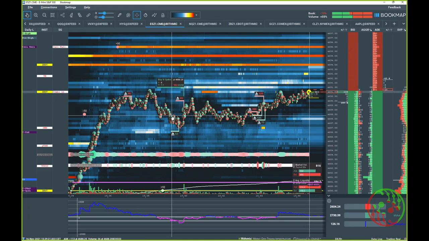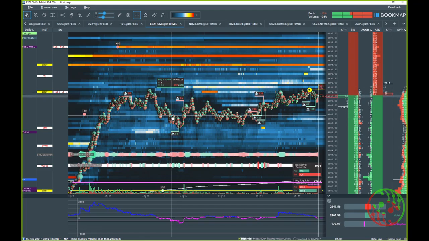When we talk about stop runs, what are stop runs? Stop runs are an algo-driven mechanism which intends to take the stops of retail traders. That means when a stop run happens, the intention of the stop run is to trigger the stops and to accelerate the counter move.